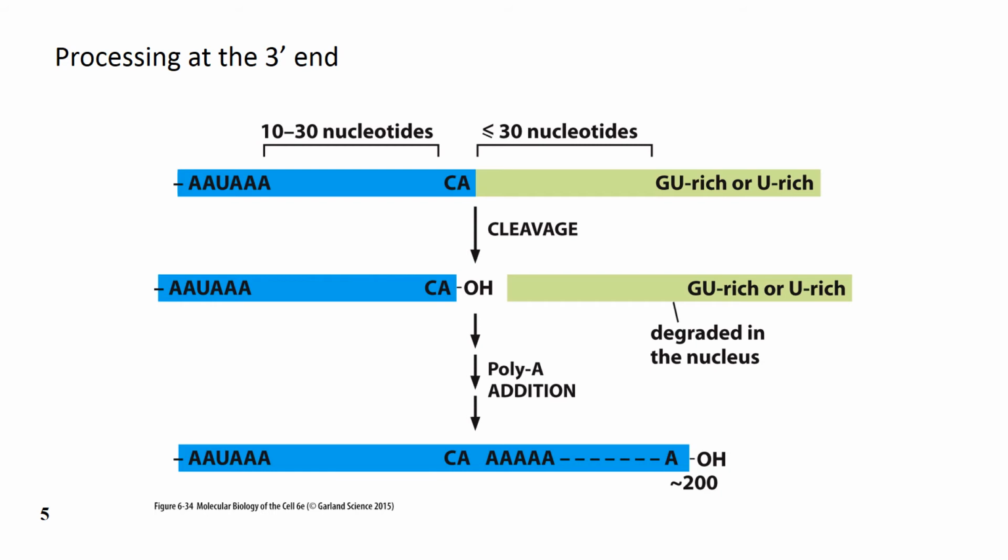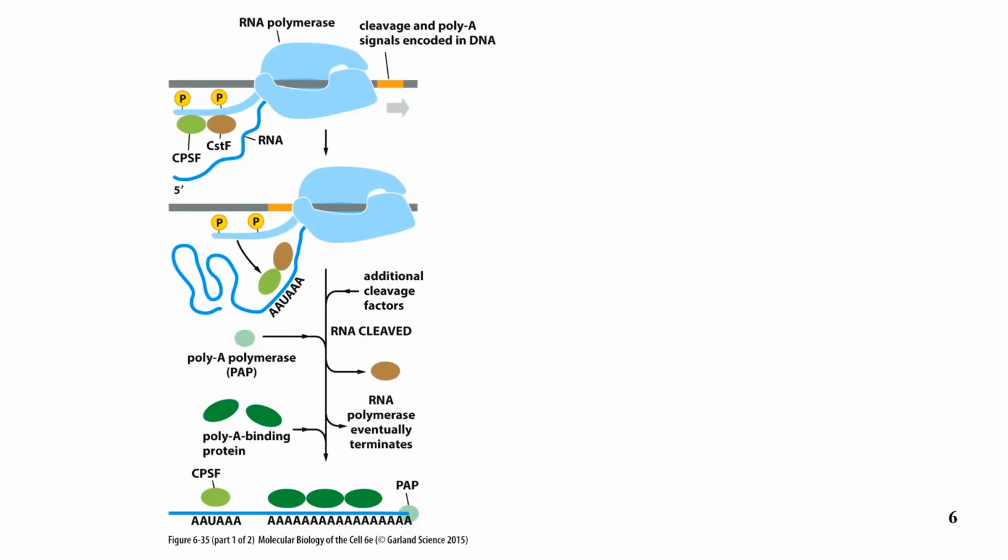The following diagram depicts all of the steps that are required in order for this cleavage and polyadenylation to occur. Here, the RNA polymerase is shown as the blue blob, and it's reading a DNA template strand and producing a blue mRNA.